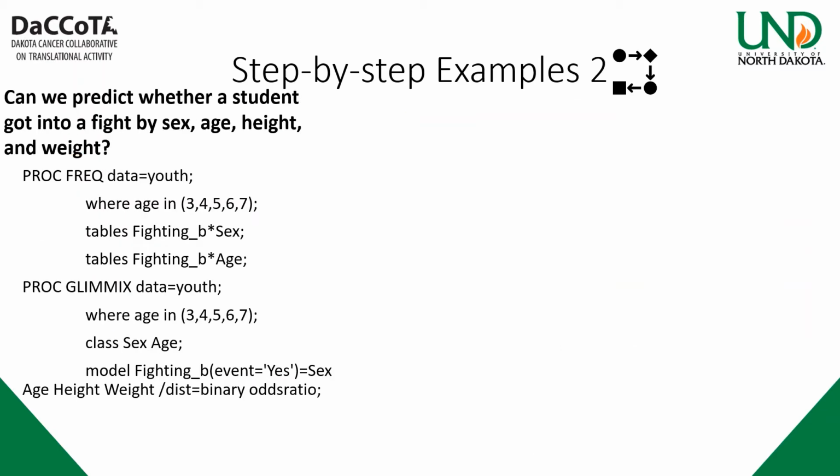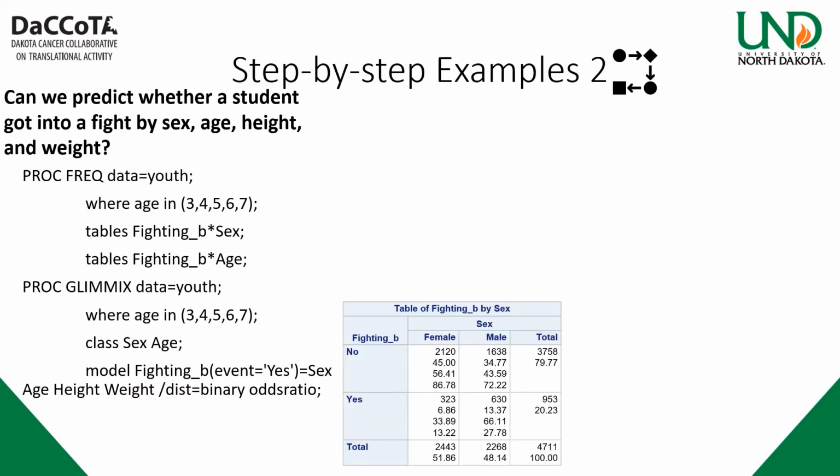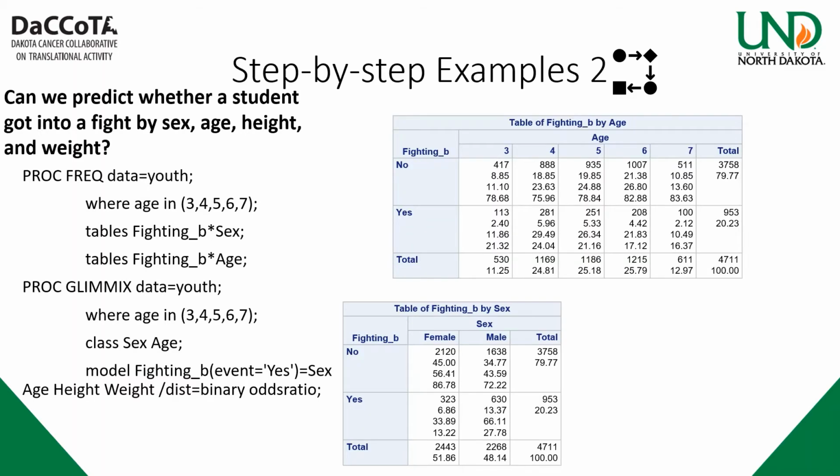Righto, let's upgrade our question by seeing if we can predict fighting by sex, age, height, and weight. So we're going to do some more frequency tables to look at fighting by sex and age, since those are categorical variables. These tables have a lot going on here, but let's look at the bottom, which shows the percentages.